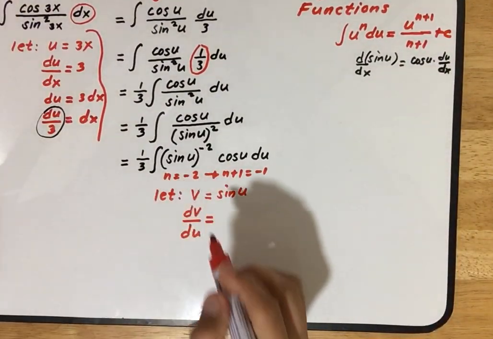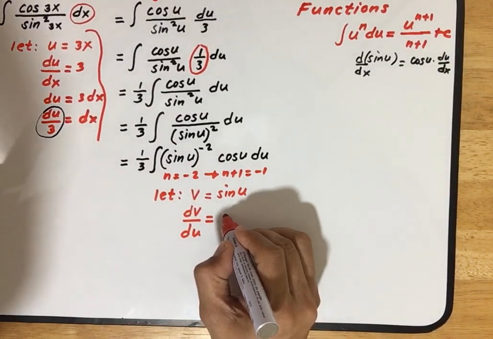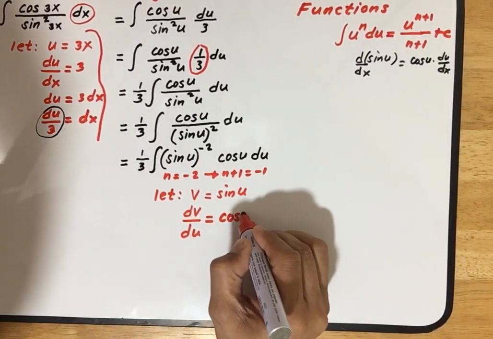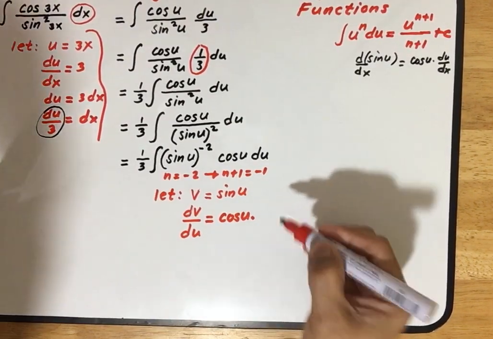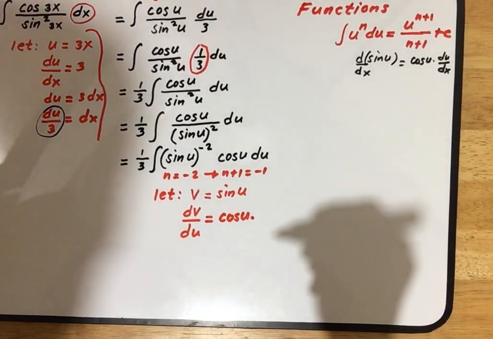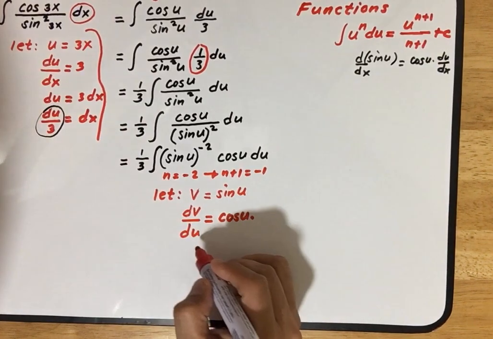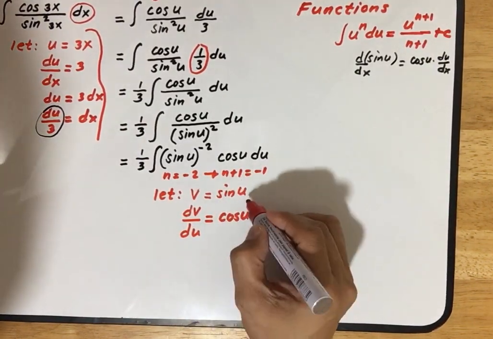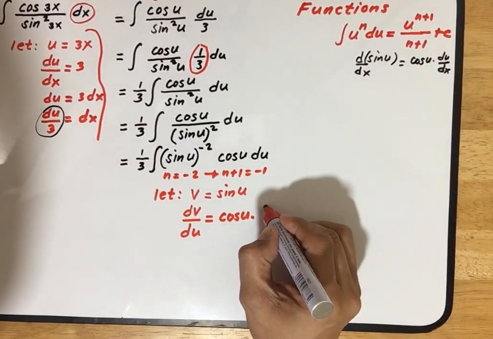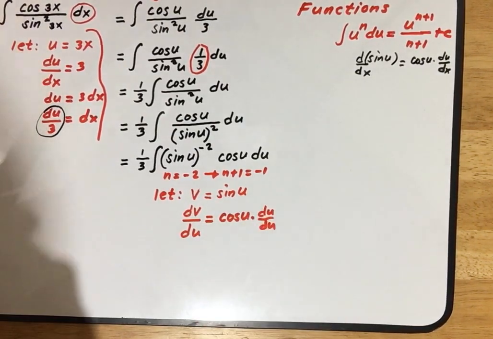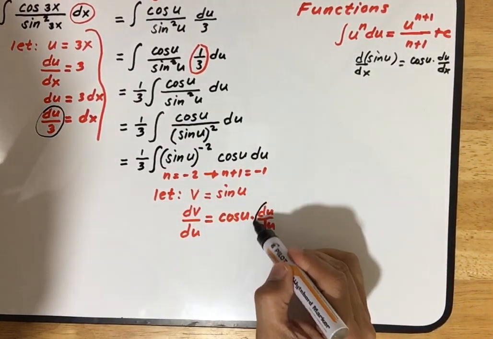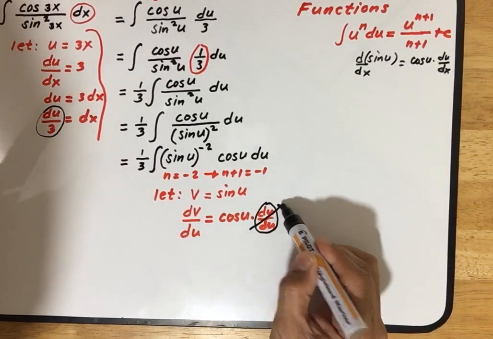Therefore, the derivative of sine u is just cosine u, then times the derivative of u with respect to u, so it will be du over du, which is equal to 1.